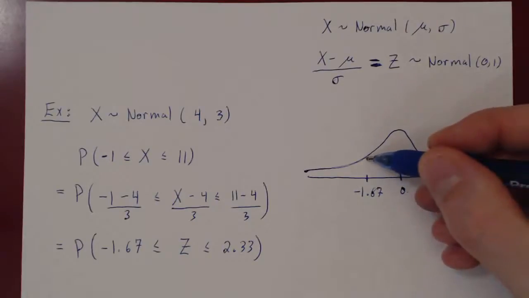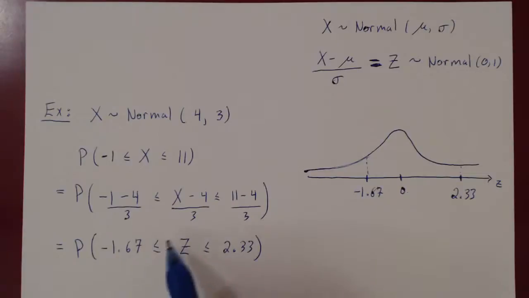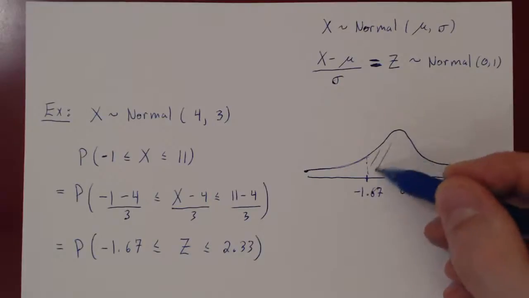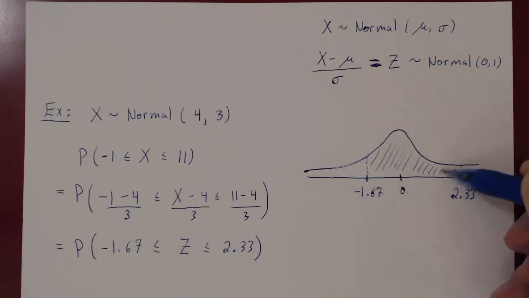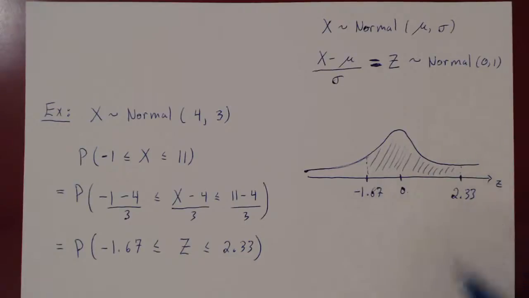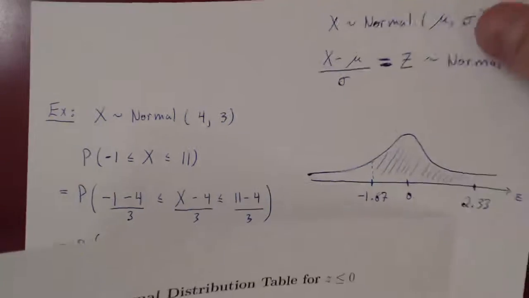So we know that geometrically, the probability that z lies between -1.67 and 2.33 is just the area under the standard normal distribution curve between the two values. The question is now, how do we compute this? Well, as you will see, we need the table for the standard normal distribution. So let's look at it for a second.